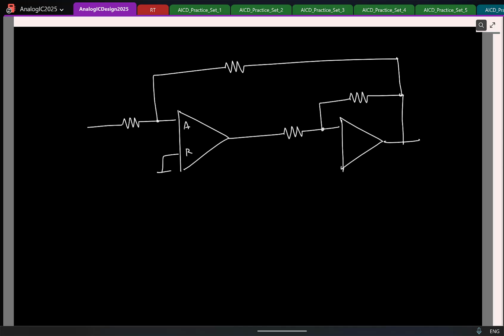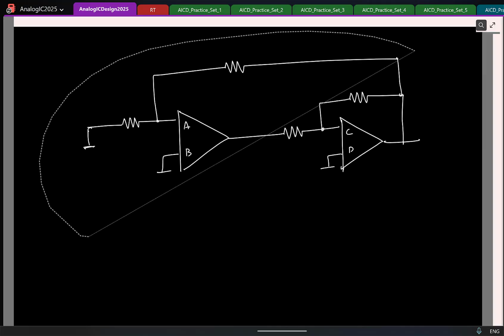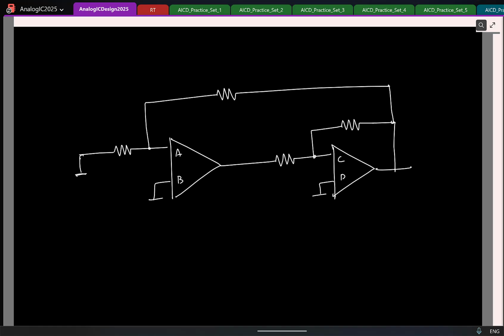Let me call this A, B, C, D. Again, our job is to make sure that if I have 10 op-amps in my circuit, all the 10 op-amps should have DC negative feedback, correct? So tell me then, how will you find out the signs of the op-amp here? That is, how will you find whether C is positive or negative, so that all of them are in negative feedback.